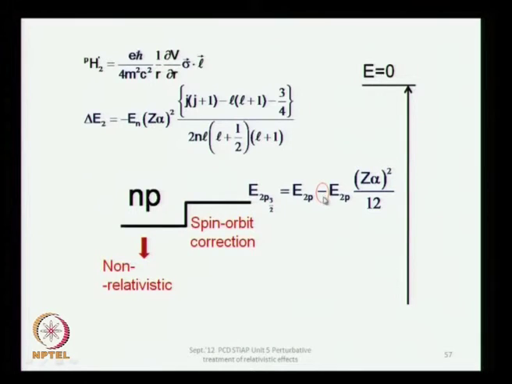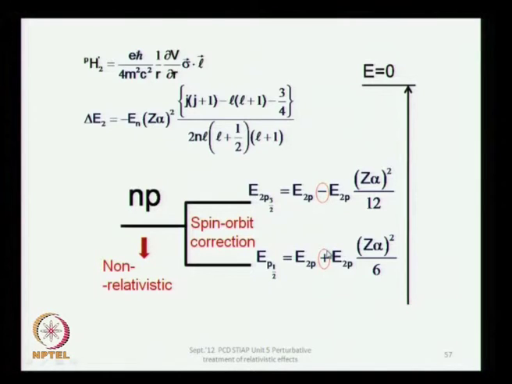But mind you, there is a minus sign here, and E2p is intrinsically negative, so you are adding a positive number and it becomes less negative than what it was before. So, the 2p 3/2 state has an energy which is slightly raised relative to the energy of the 2p, whereas the 2p 1/2 state has this correction with an opposite sign.